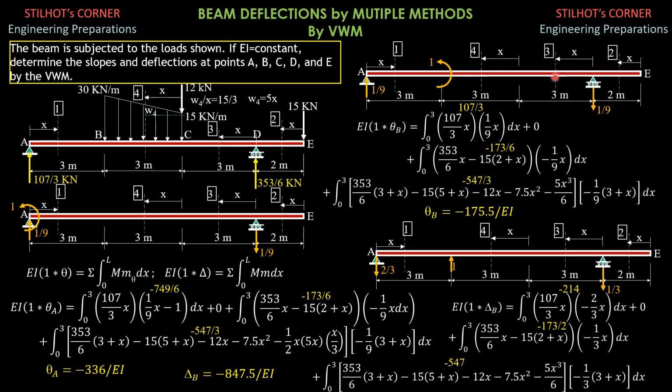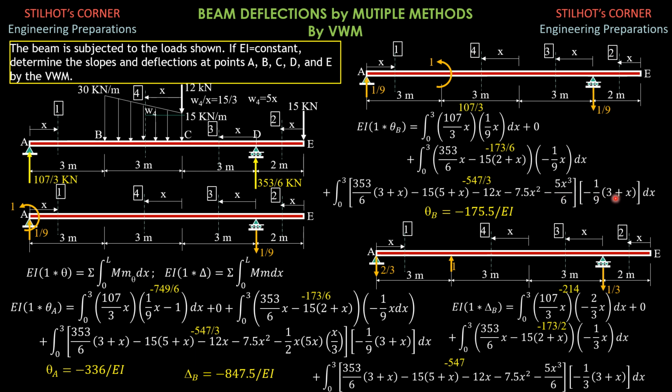Then at the third section, you copy the moment big N as before, which is this. Then the moment at this section due to the unit load is negative 1 over 9 times x. Then for the last section, copy the big N, then the moment at this section is negative 1 over 9 times 3 plus x. This is this.